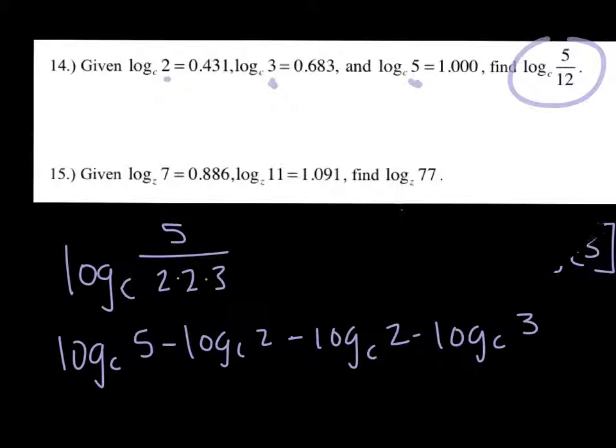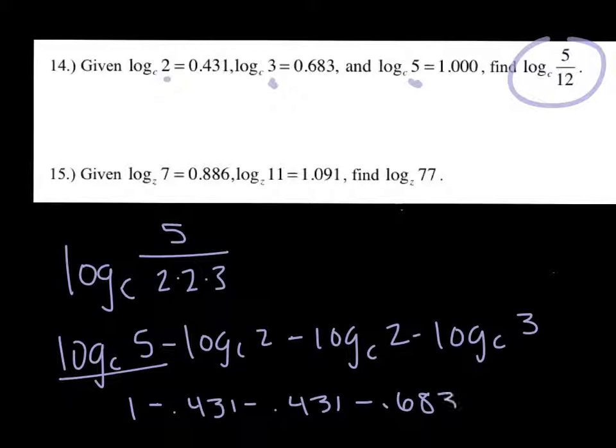So now that it's expanded, we just have to say, okay, well, what's the value for each one? So log base c of 5 is 1. So this becomes 1. Log base c of 2 is 0.431. So minus 0.431 minus 0.431. And then log base c of 3 is 0.683 minus 0.683.